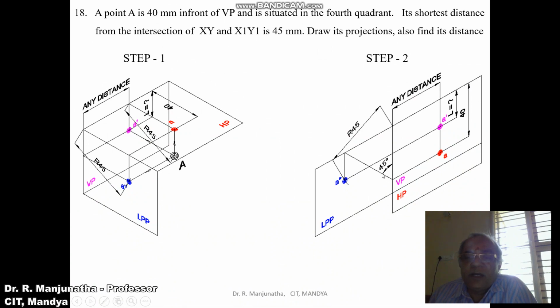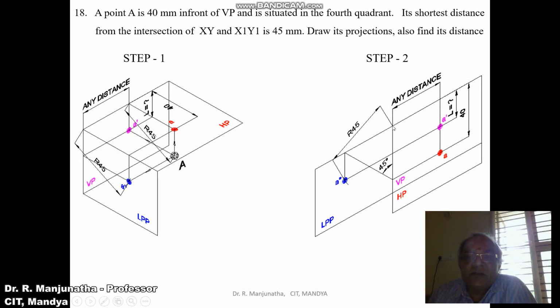Then when you rotate this by an angle, when you draw an angle of 45 degrees here, the in front of VP distance is transferred into the horizontal distance, and then project this top view in the profile view and the profile plane.